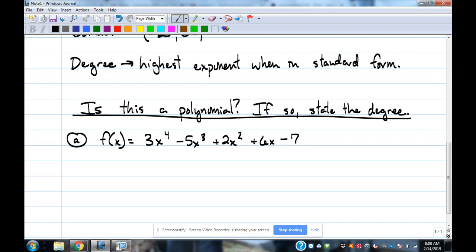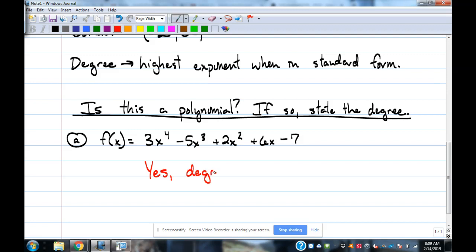So we're looking for fraction exponents. If they're there, then we know it's not a polynomial. If they're negative exponents, we know it's not a polynomial. Those are the things that make it not a polynomial. We have 4, 3, 2, 1, and then x to the 0. None of those are negative. None of those are fractions. So it meets the criteria to be a polynomial. So the answer to that is yes.